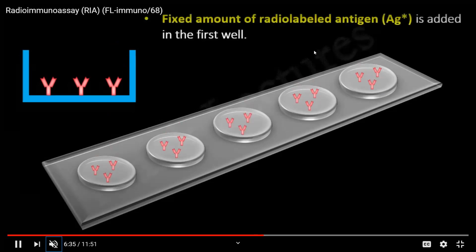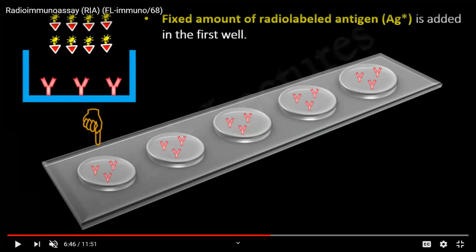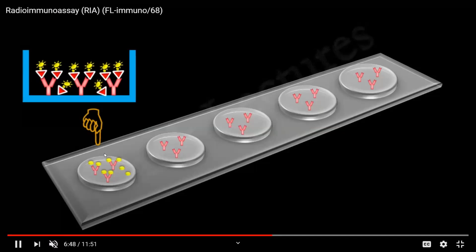Now what do we do first? First of all, the radiolabeled antigen is added in the first well. Only in this first well, the fixed amount of radiolabeled antigen is added. So 8 radiolabeled antigens have been taken, and then added to this first well.